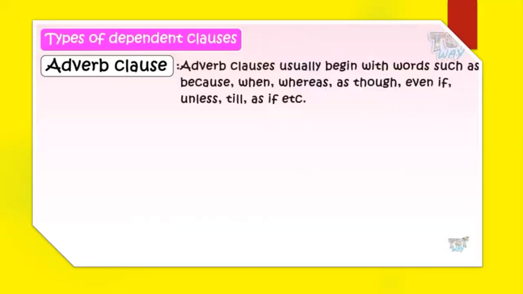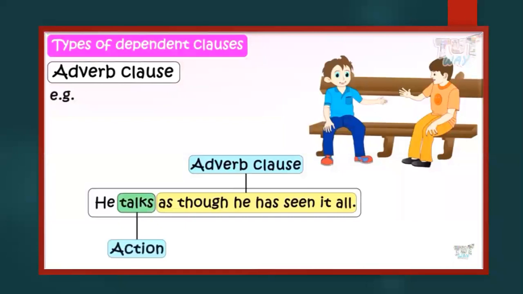So adverb clauses usually begin with words such as because, when, whereas, as though, even if, unless, till, as if, etc. So we can identify them with these conjunctions. If these words are coming, that means this is an adverb clause. One more example you can see. He talks as though he has seen it all.